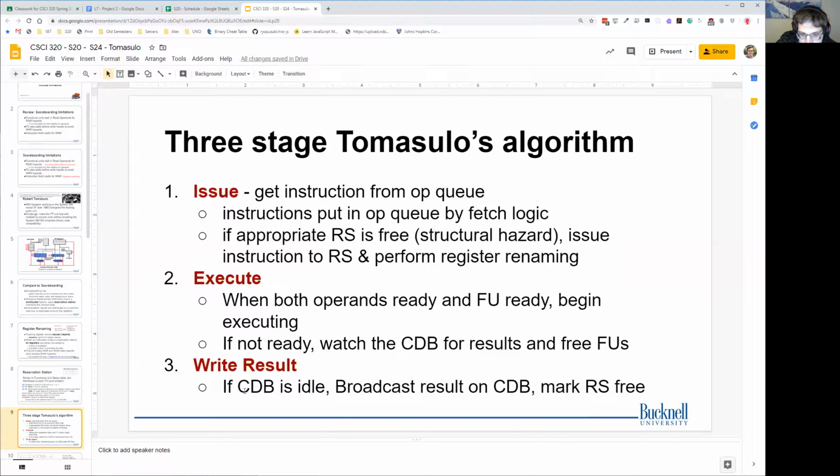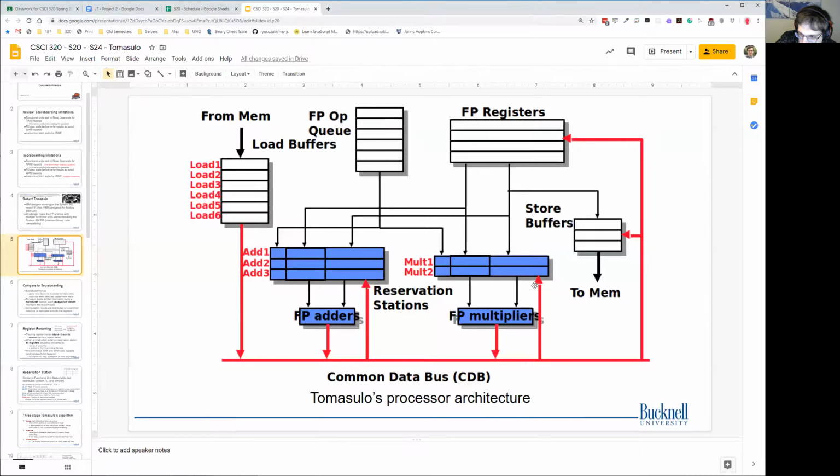And write back, we can only write back if the bus, which is also called CDB, is idle. Okay, and then we can push it to all the reservation stations here, here, and also to the register table.